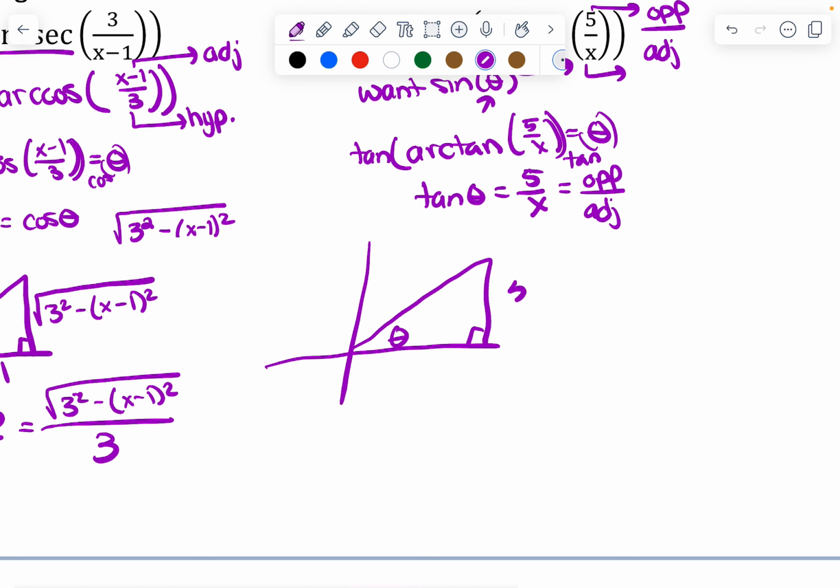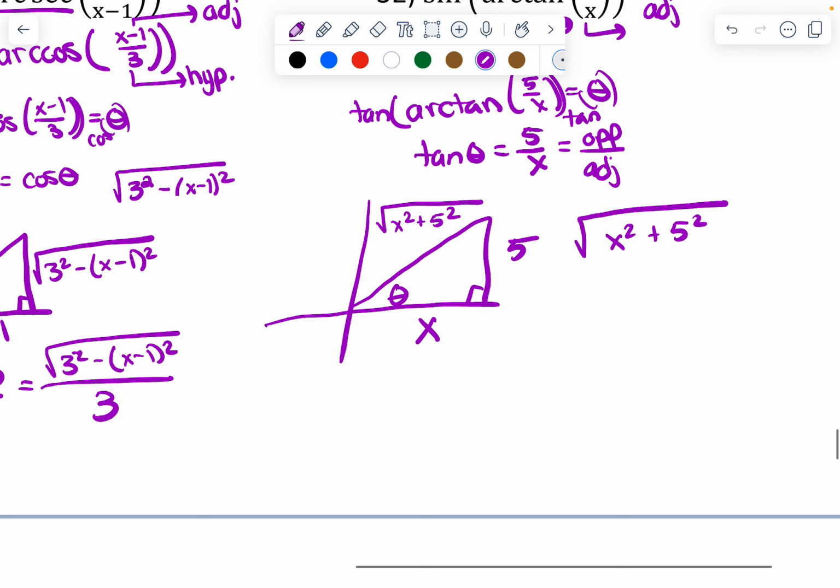The opposite side is 5, adjacent side is x. So if I go back to what I talked about in the previous problem, if I want the hypotenuse, I'm going to take the square root, and then I'm going to square both legs and add them together. And this will give you the hypotenuse. And you can write 25 if you want to.